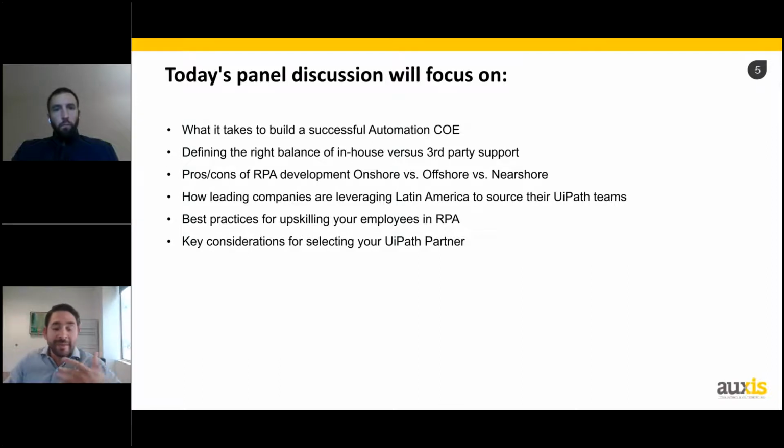And, we naturally, as a leading company offering nearshore, wanted to talk about a little bit of leveraging Latin America as a source of development resources, which is something that is definitely a trend that is ongoing in the past few years, potentially in some cases moving from the traditional Asian model to more of the Latin American model. So we wanted to touch some of those as we go through the presentation, and then talk about best practices on upskilling your employees and driving automation across your organization. And then, of course, the key considerations for selecting your UiPath partner as you're trying to scale or add flex resources to your existing COE.